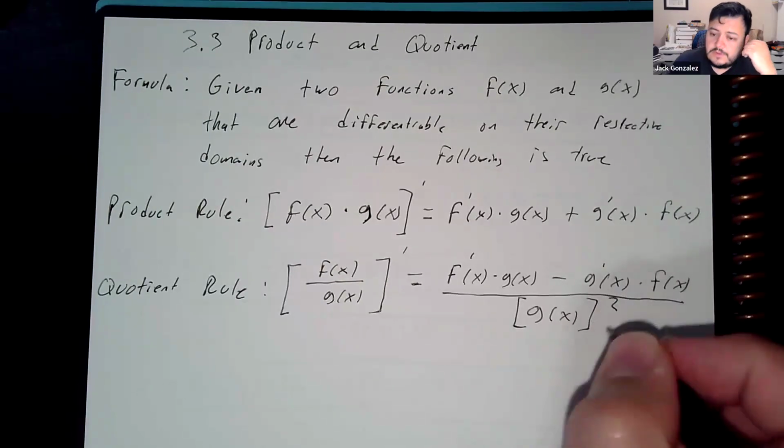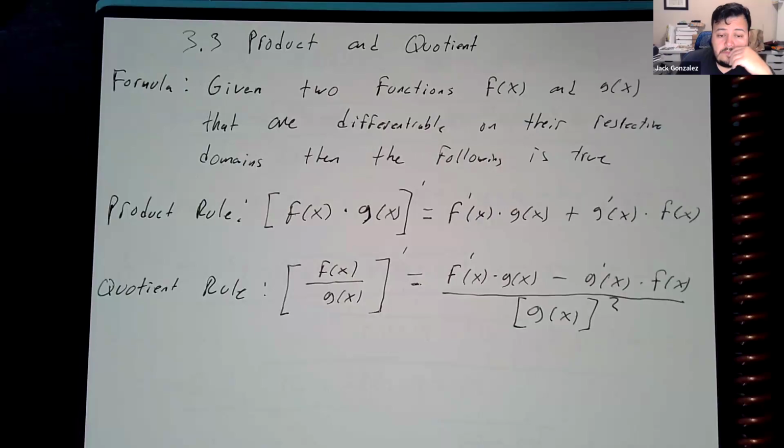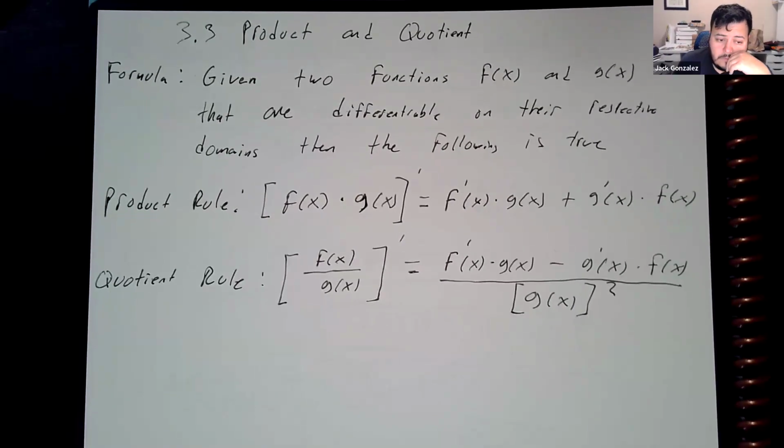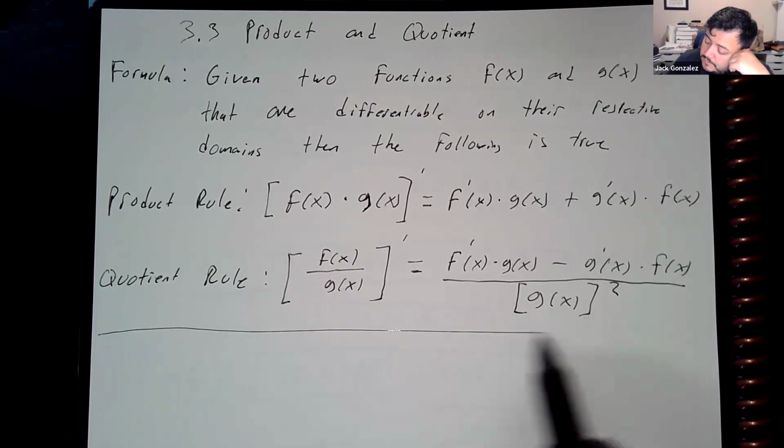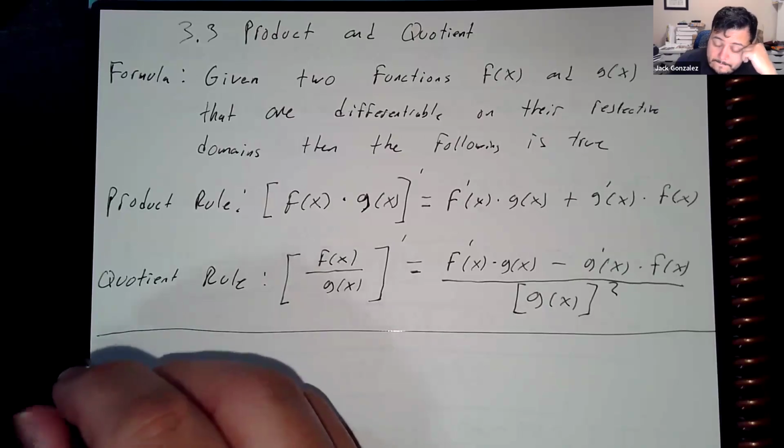So the g function squared, whatever that is. All right. That's what we're going to need for 3.3.